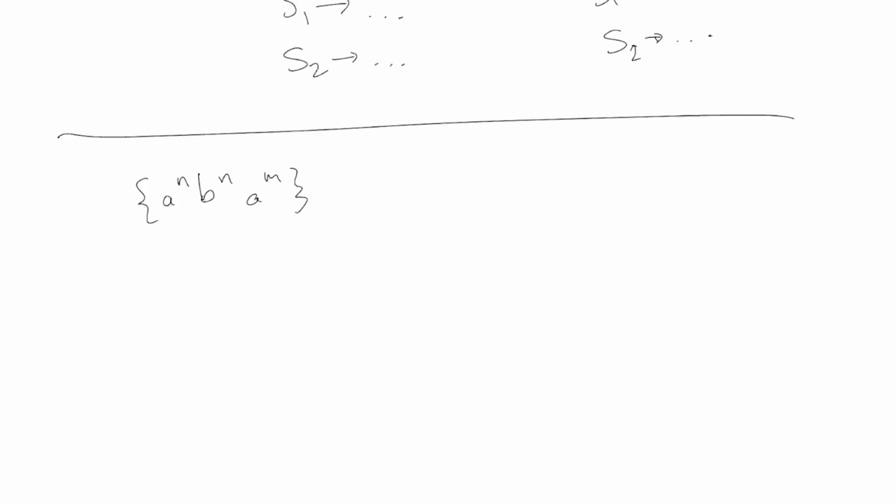Each one of these, I would like you to come up with a context-free grammar. This is X X^R. Remember the R here means reversed. So I will just say, for this one, the alphabet is A and B. That's what I want for all of them.